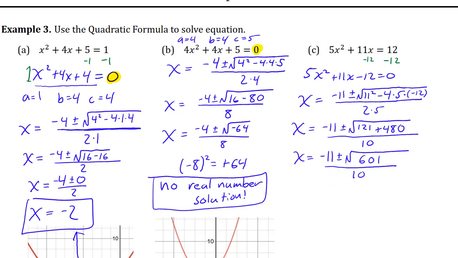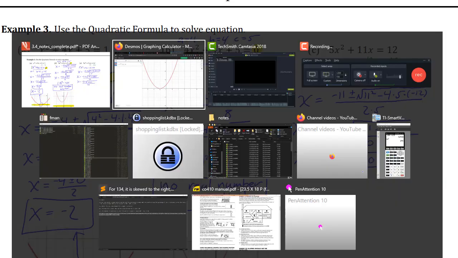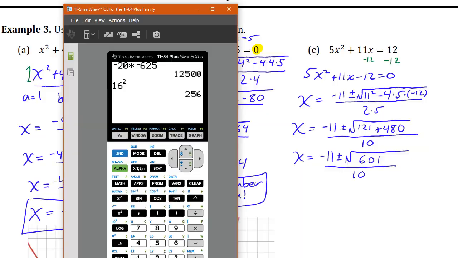Okay, so we got that. These are pretty awkward numbers, so maybe we should use a calculator to simplify this. So in the top we have negative 11 plus the square root of 601, all divided by 10. That's 1.35.